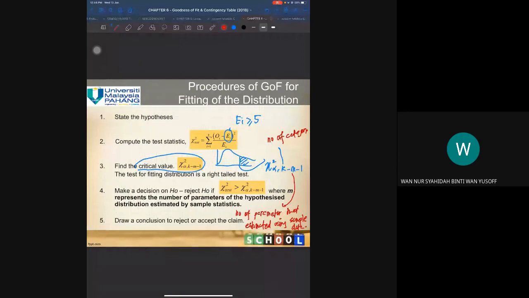So what does it mean? We know that binomial has 2 parameters: n, and here remember it's not the sample size, it's the number of successes, and the probability of success. If you cannot find any number of successes in your question, and also you cannot find the probability of success, then in theory we have to estimate these 2 values.